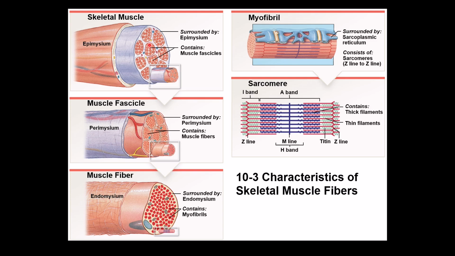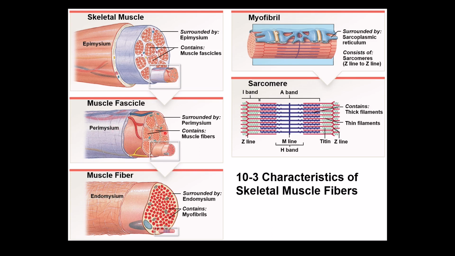Then, as I said before, the muscle itself is made of multiple muscle fascicles. These are the muscle fascicles. So this is one muscle fascicle, and that is wrapped by perimysium, and perimysium contains, again, smaller arteries and nerve fibers, and is made of elastic and collagen fibers.